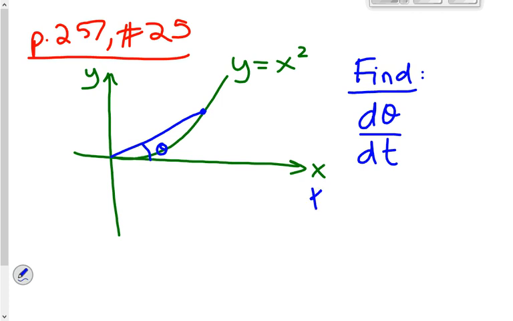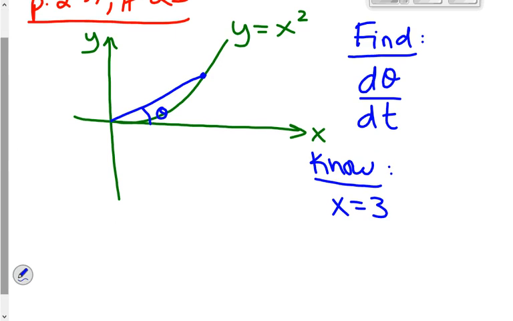but I should probably write down as well the stuff that I know, because there were a bunch of numbers that I was given in the problem. So what's something that I know? Okay, so I know I'm talking about where x is equal to 3. Okay.